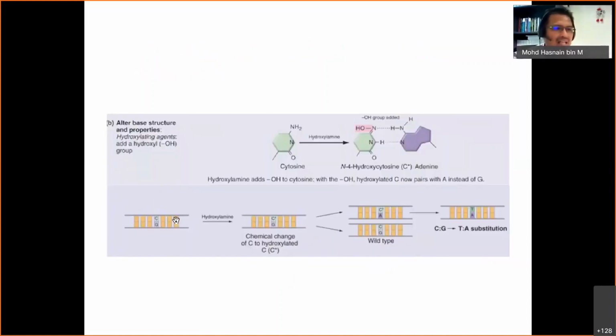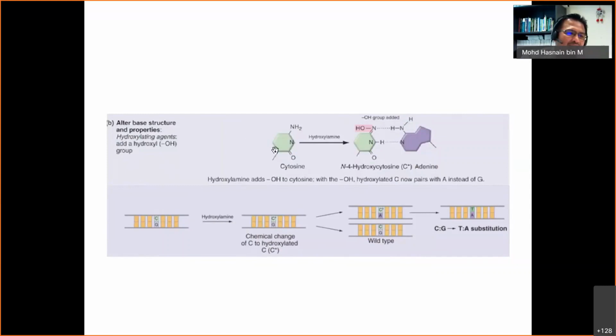The other one is a hydroxylating agent, in which the name itself suggests that it is the one that adds a hydroxyl. Hydroxyl is an OH group. Hydroxylamine adds OH to the cytosine, and with the OH, the hydroxylated C now pairs with adenine. So it behaves differently.